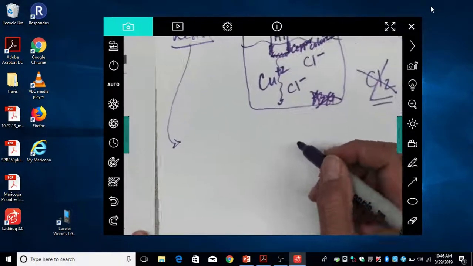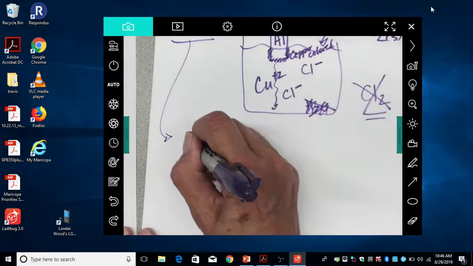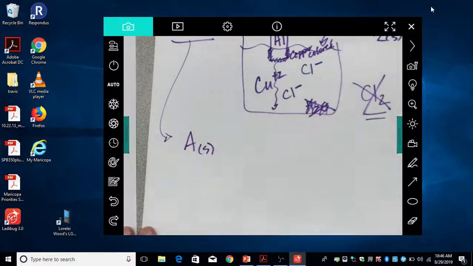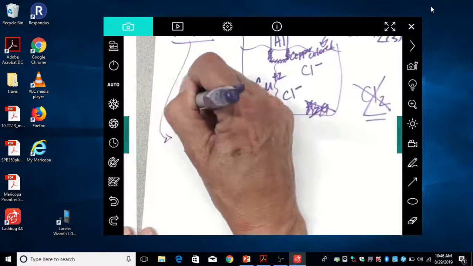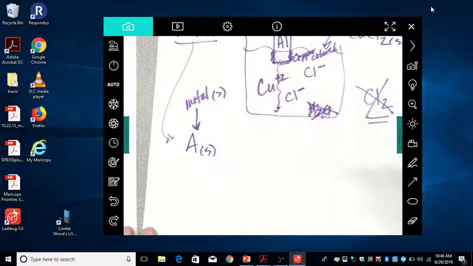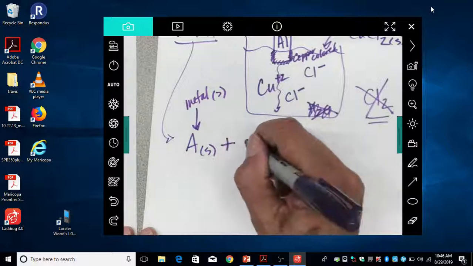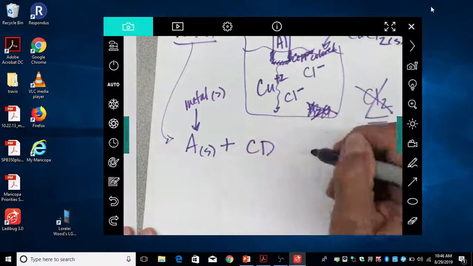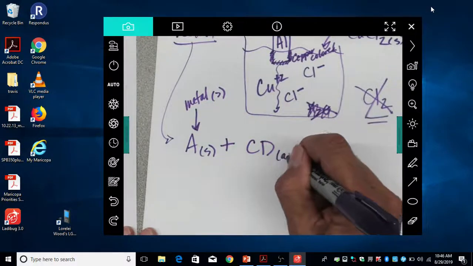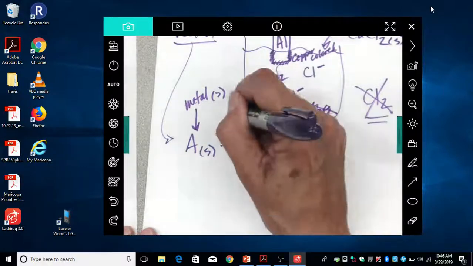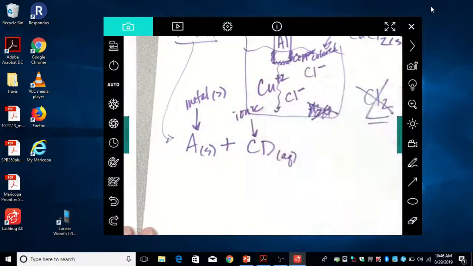The general form of a single replacement reaction is, there's 2 types actually. We'll probably get through both of them today. You have something that's a metal as a solid that you're starting with, plus, say CD is our aqueous solution, so that's generally going to be some sort of ionic compound.